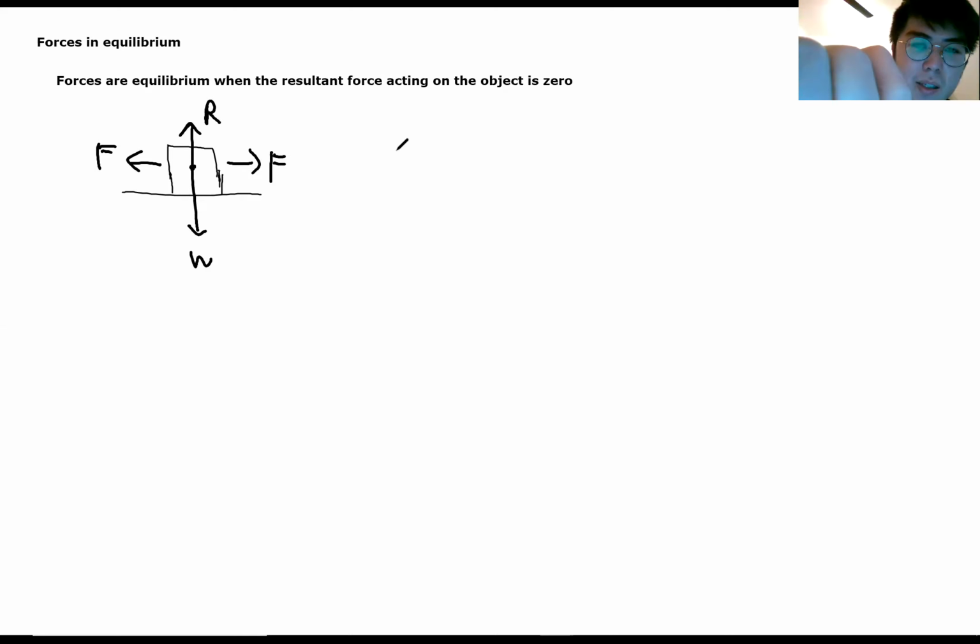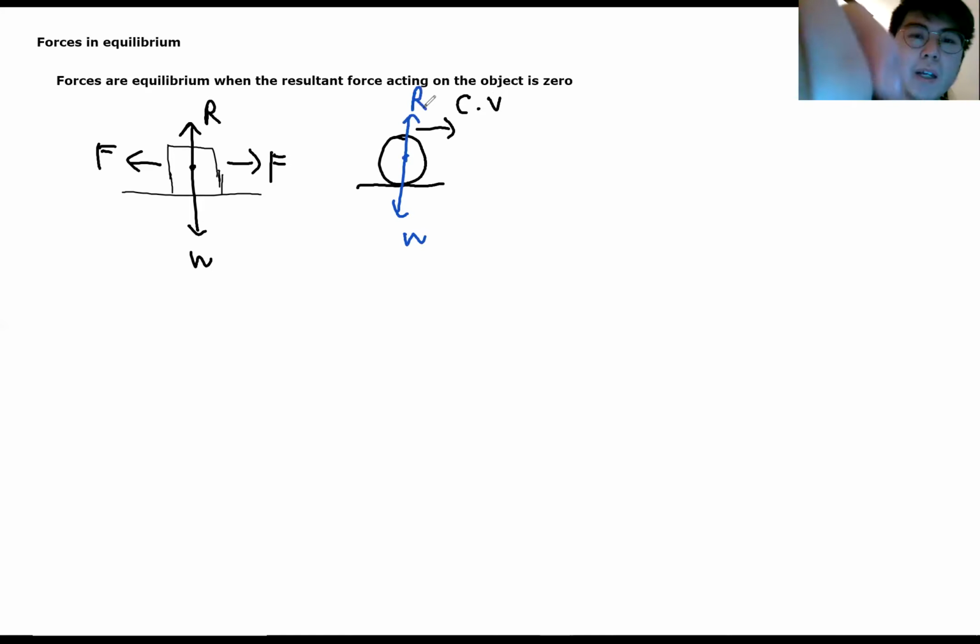Second can be as simple as a moving ball at constant velocity. I write CV, constant velocity. So constant velocity, meaning what are the forces acting on it? It can be, again, weight, again, reaction, and you have a force here pushing it, and maybe a frictional force at the surface here, F, frictional.